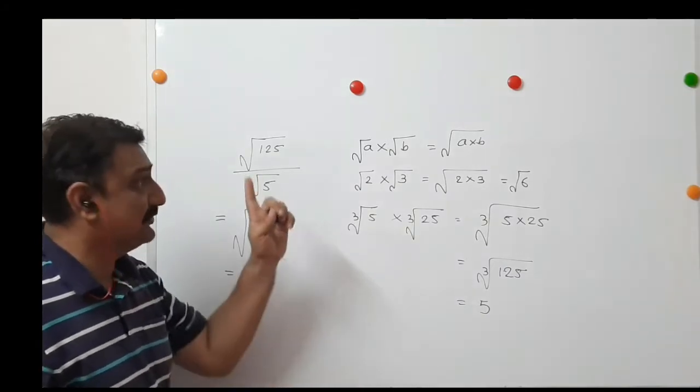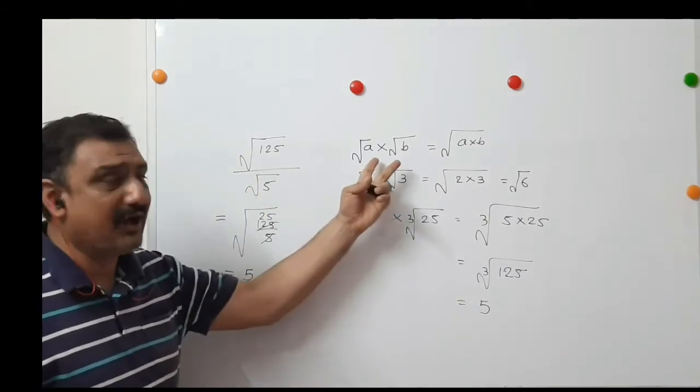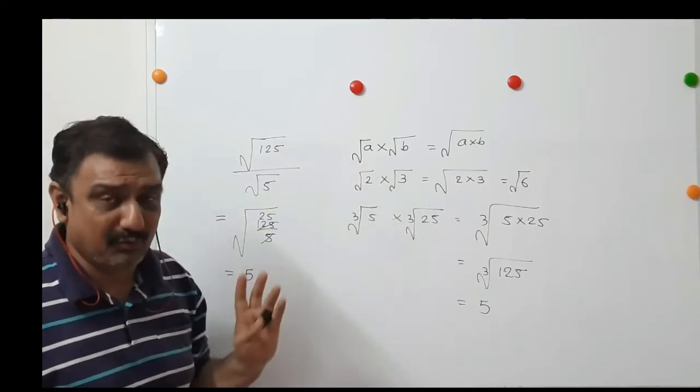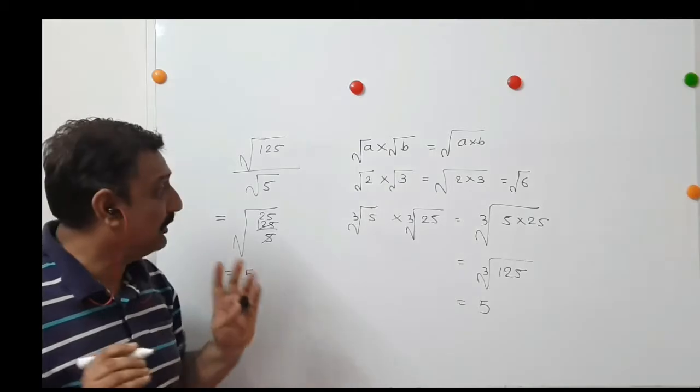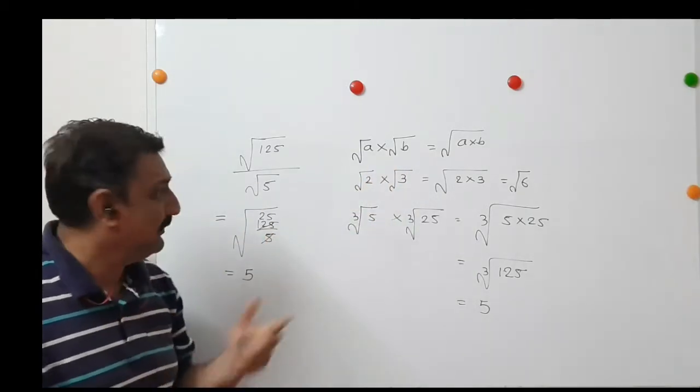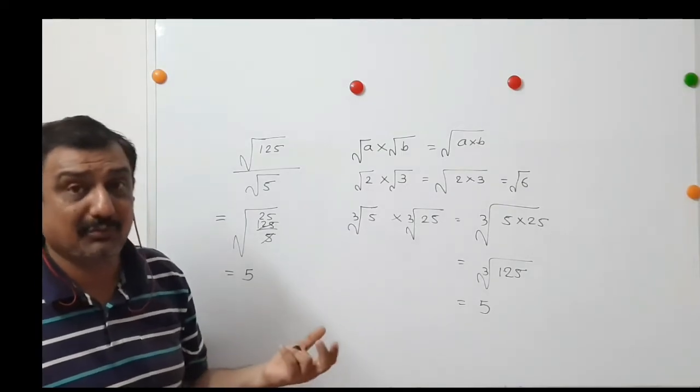Very simple. You just have to see that the values have the same root, or the same root exponent. Then only can you multiply, put it into the whole root form, and simplify it if possible.